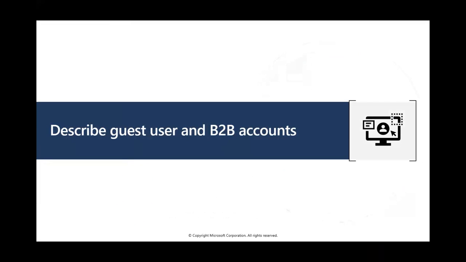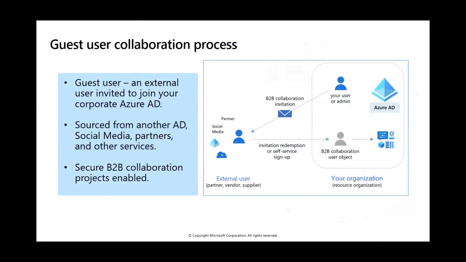Well, before that, it's important to know the different types of external collaboration. We have two types: B2B, business to business, or B2C, business to customer. In both cases, the users are going to use their own identity.